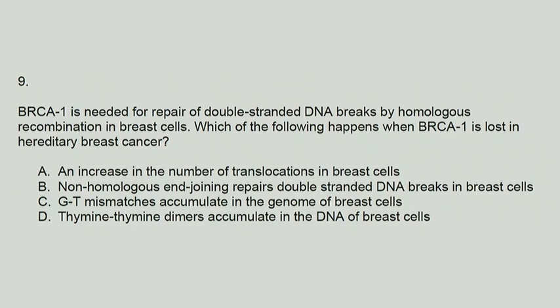Yes. Strong UV damage, different types of chemicals that will get in there and actually crosslink your DNA, make two thymines cross-link to each other. Okay, so this one is A and B.